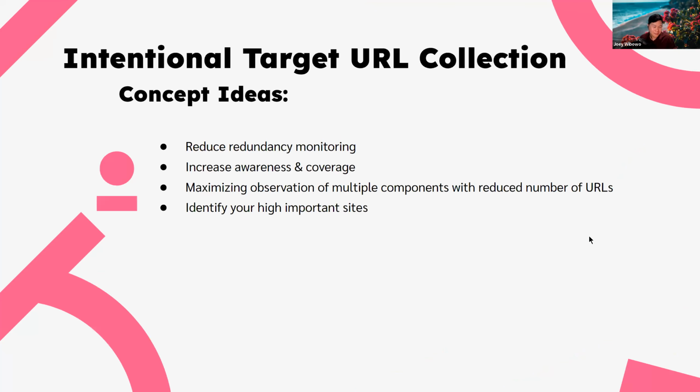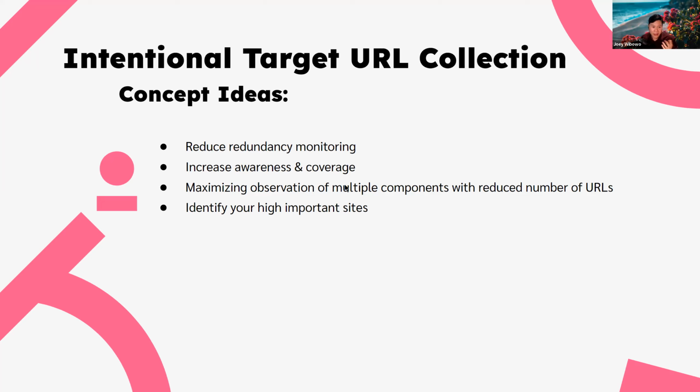And so in closing, the concept of alternative URL gathering here is to reduce redundancy in monitoring, and increase awareness and coverage. This is, I think, the hardest part because you have to do a lot of legwork to put everything into your database and locate where they appear on your sites.